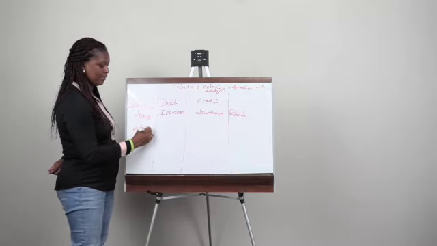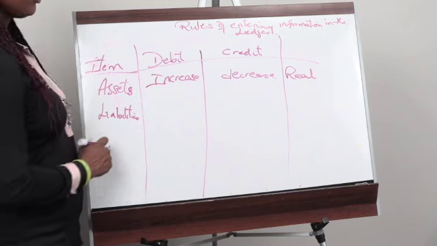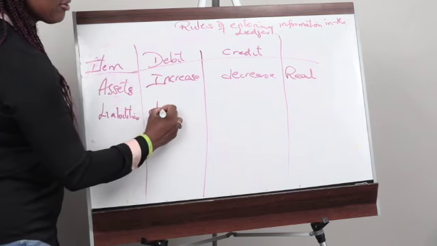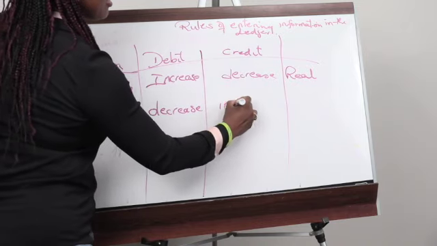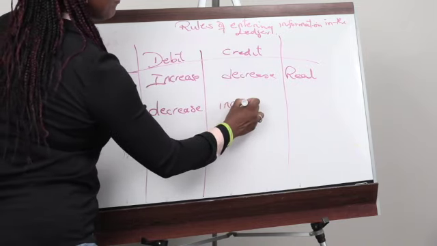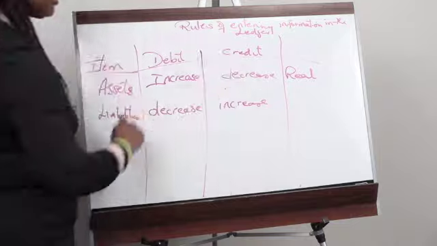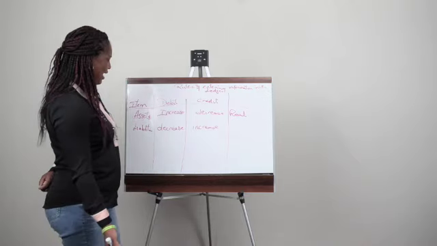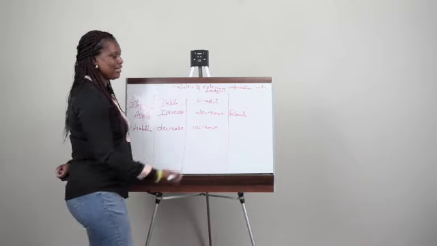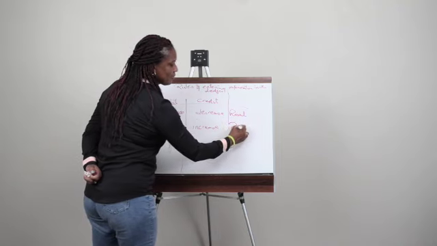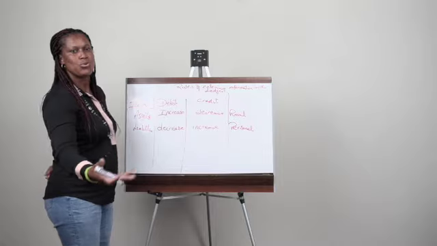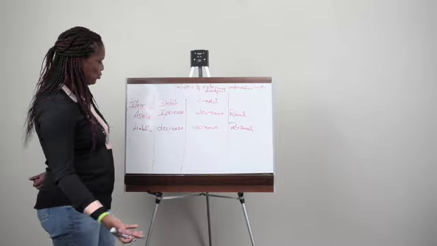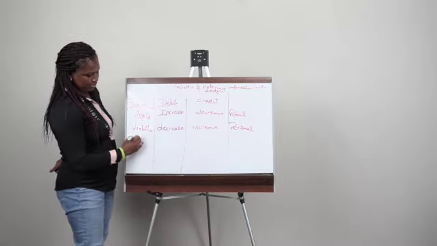Liabilities. We debit when there is a decrease, and we credit when there is an increase. And the liabilities are basically personal accounts, because these are things that you owe. These are businesses that you owe, people that you owe.